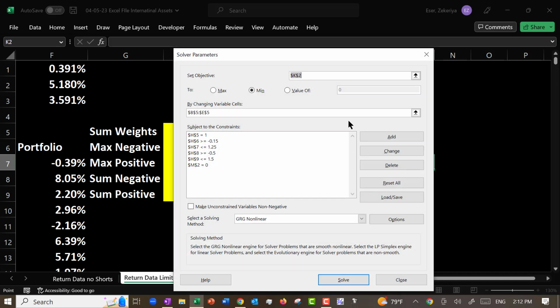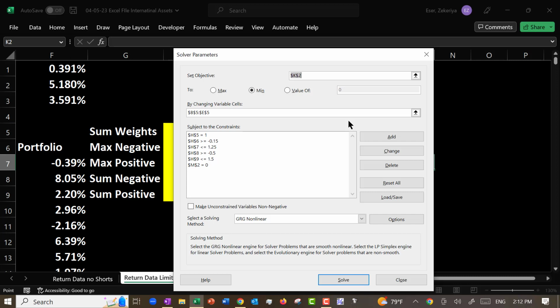So for any given desired return, we're going to calculate the portfolio with the minimum variance subject to the constraints. Weights add up to 1. Maximum negative short for any asset is negative 0.15, and maximum positive is 1.25.